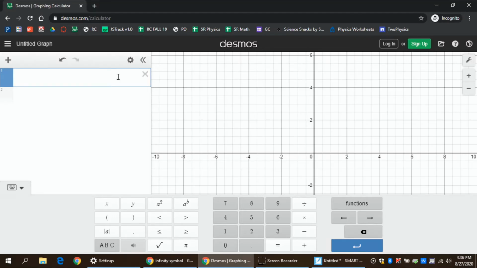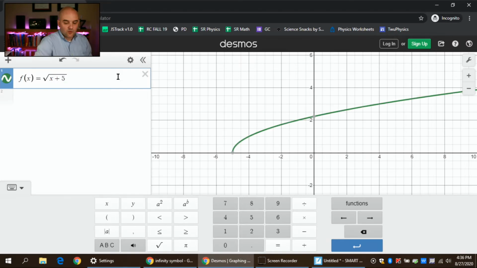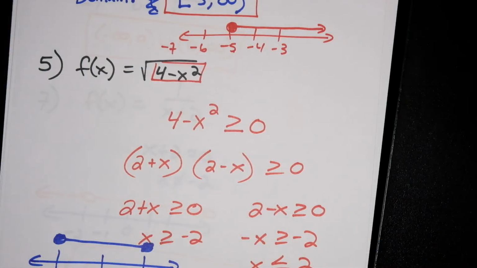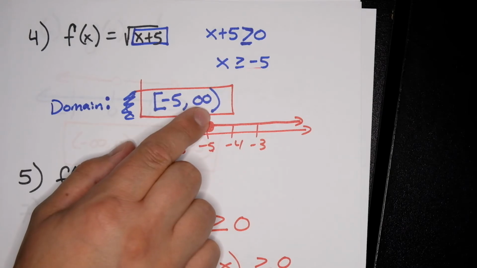Number 4 is what we want to look at, and I'm going to type in f of x equals the square root of x plus 5. There we go. And what we got before for that domain, take a look at it. We got this right here, that it starts at negative 5 and goes off to infinity.